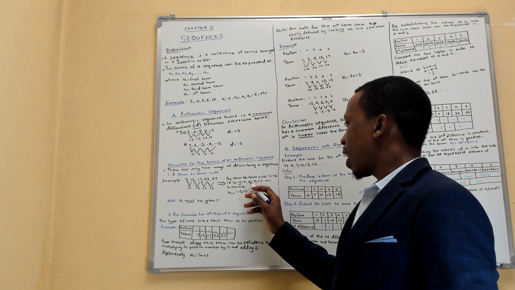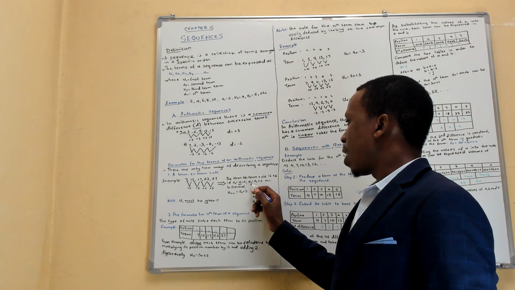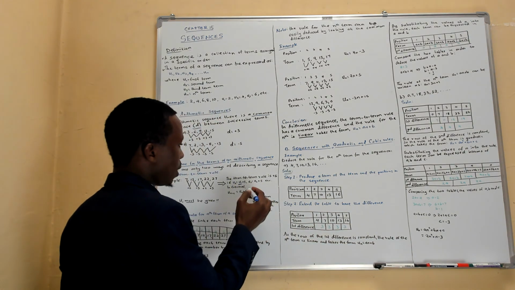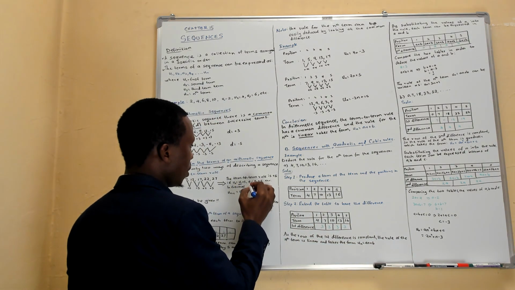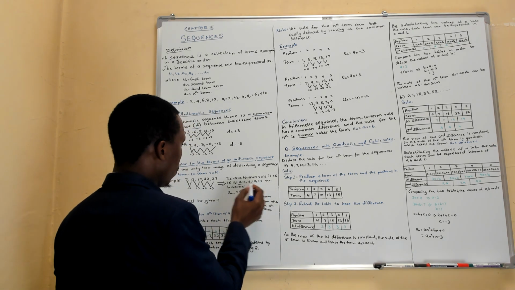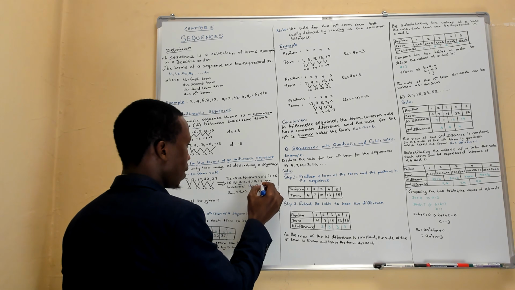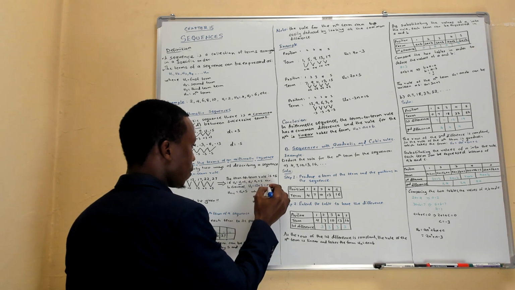Also, for me to get the third term, u3, u3 will equal u2, which is 12, plus 5 to get 17.